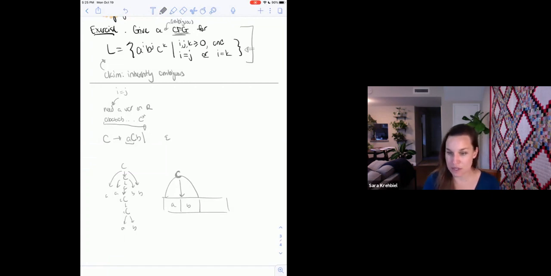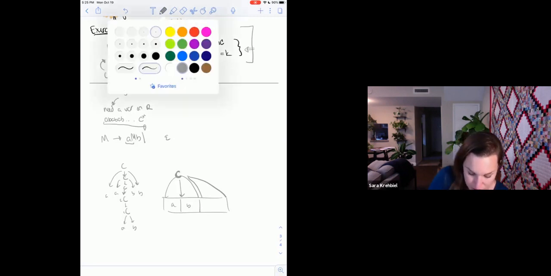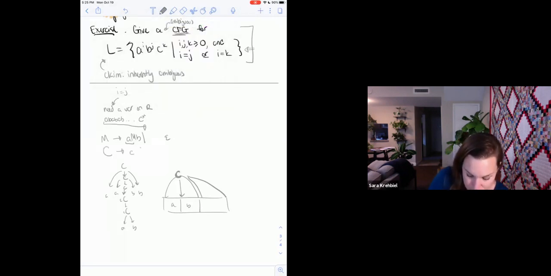And so then we'll have some variable that's generating our matching stuff. Well, we can have some totally separate variable that's responsible for C star. And maybe I'm going to call this M for matching. And then we'll use C to generate C star like we have before.